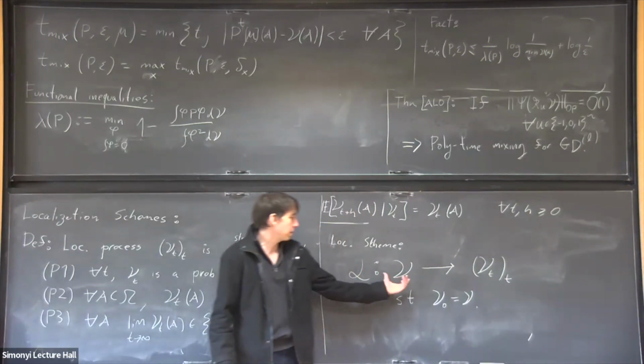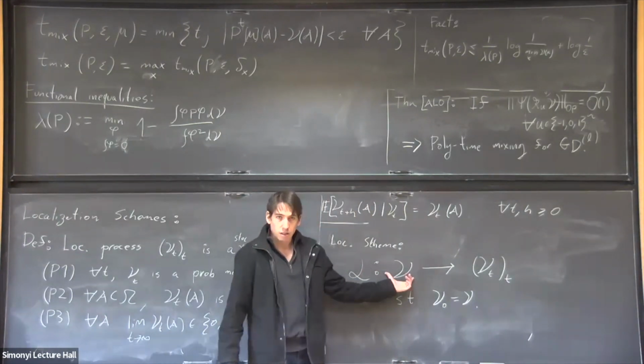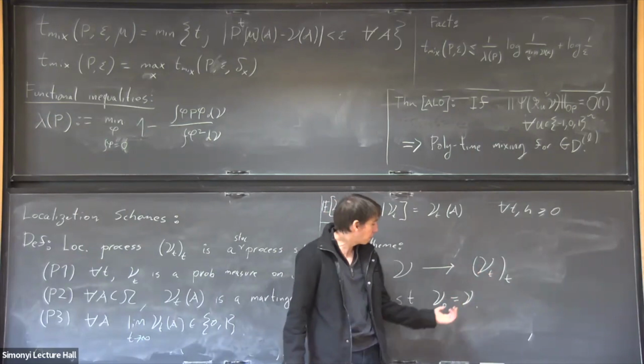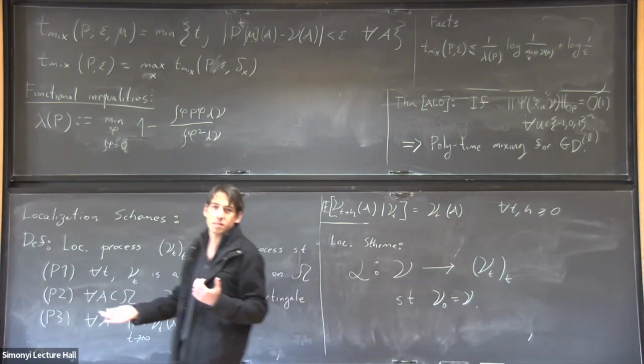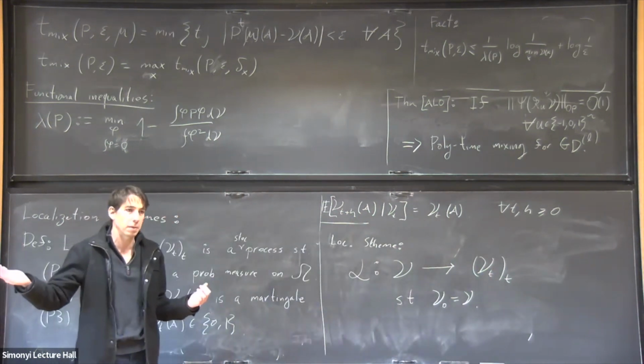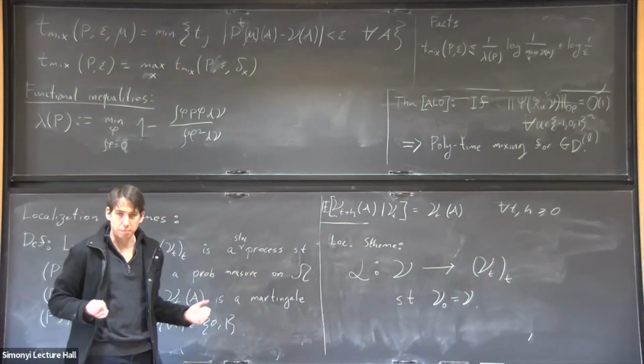So it's a mapping that for any measure gives me a localization process that begins with this measure and basically interpolates stochastically between the initial measure and the Dirac delta measure.